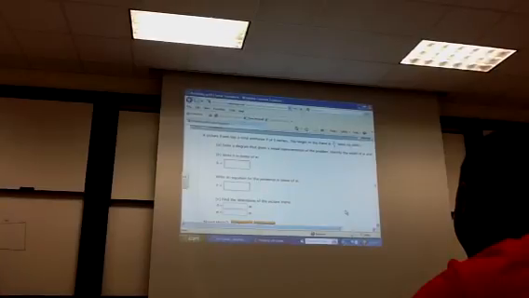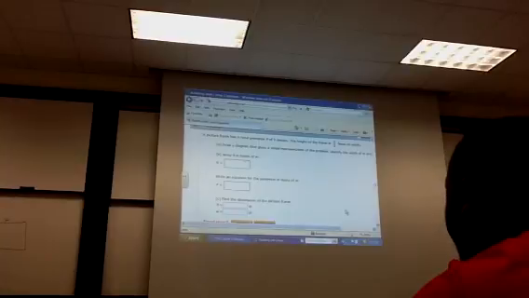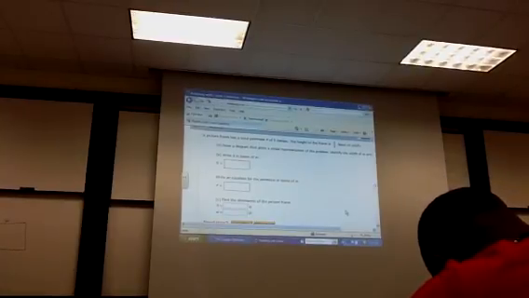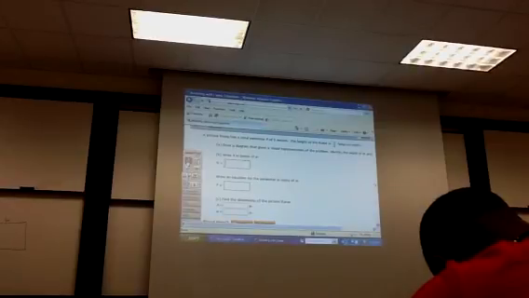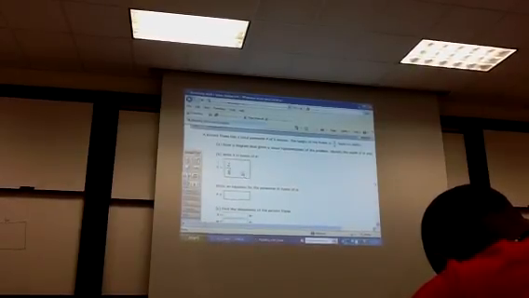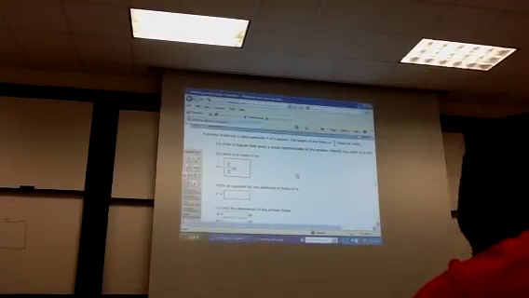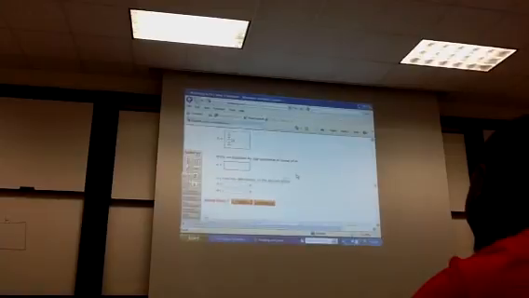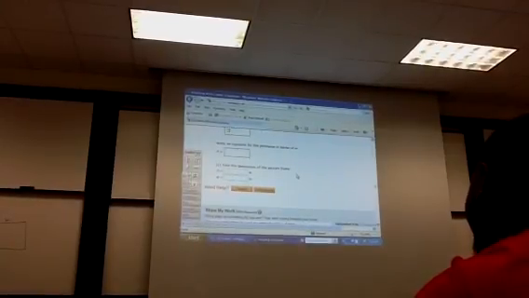So 2/3 W. Write H in terms of W. H is 2/3 W. Height is 2/3 W.